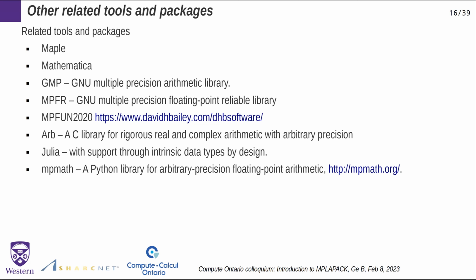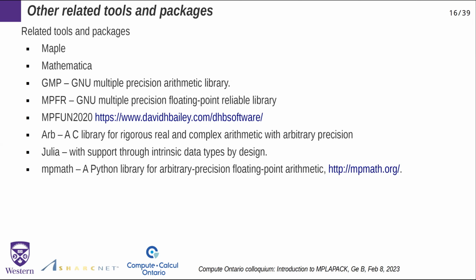This is a multi-precision library for Fortran and C++ as well. And ARB is a C library for rigorous real and complex arithmetic with arbitrary precision.